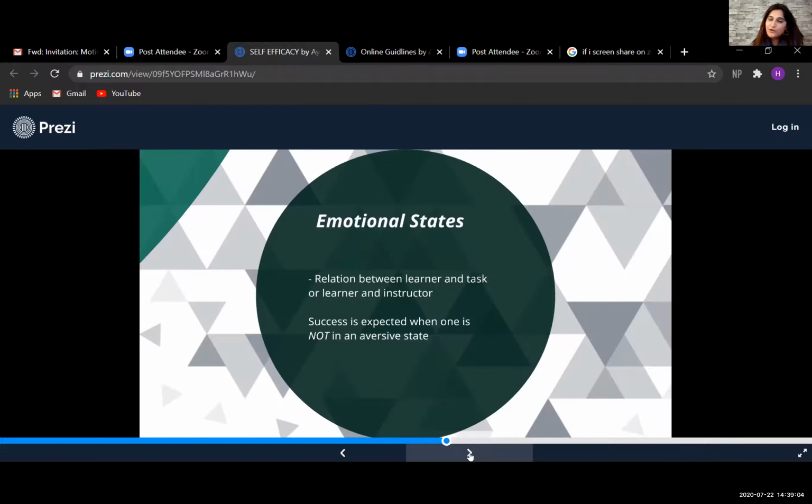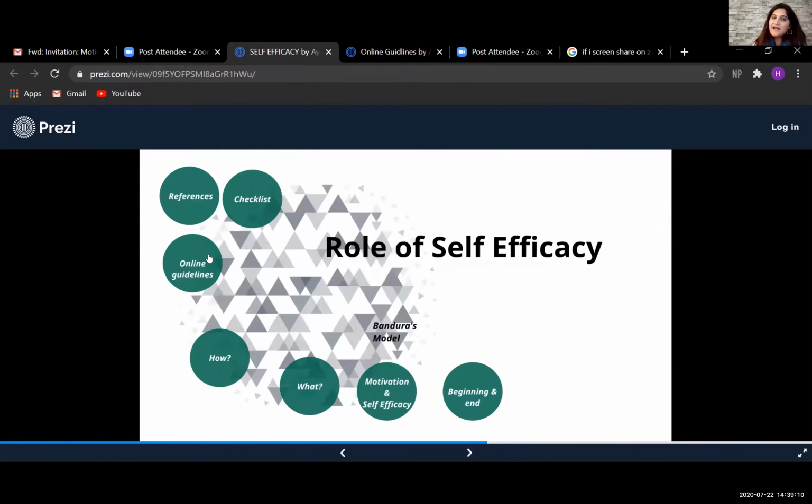So that is more important. And now let's look at what research says about online guidelines, and how we can look at some of the online applications of all of what I have discussed in terms of the framework.